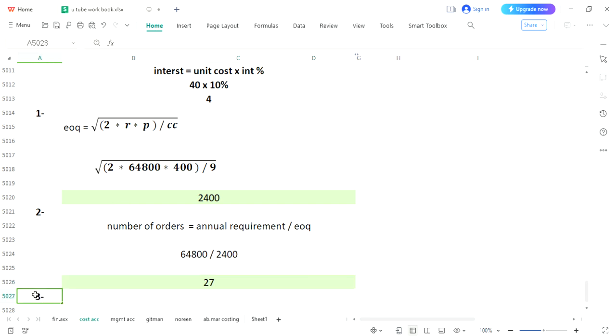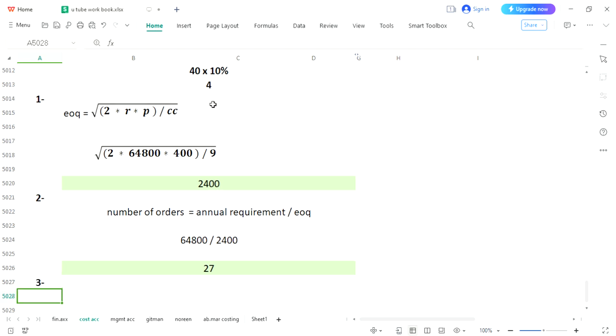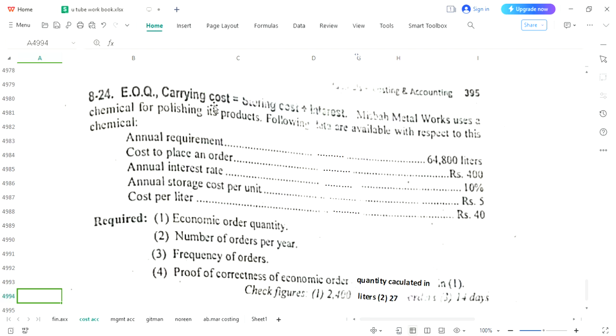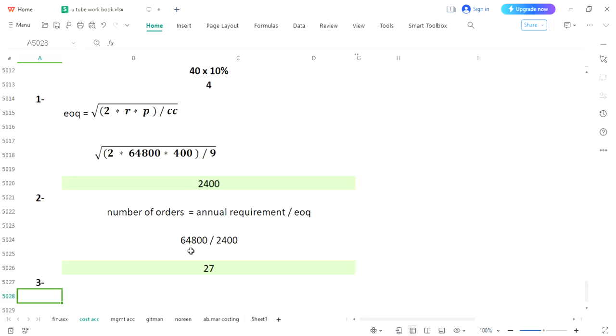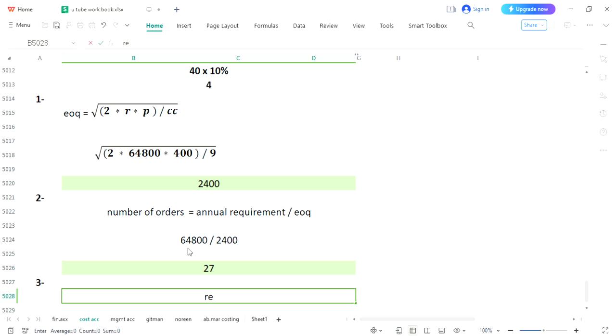You can see that if you prepare your inputs, there will not be any difficulty in calculation. Less time would be taken and you will complete your question. Third requirement is frequency of orders, and for that, 360 or 365, or from 360 to 365 you can take any number.